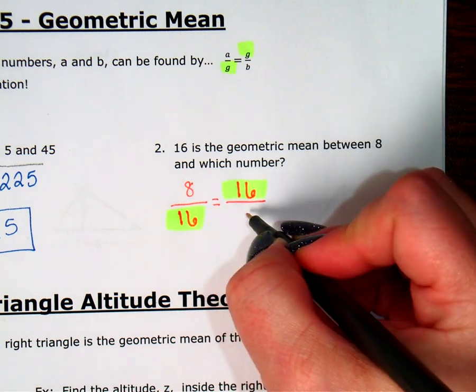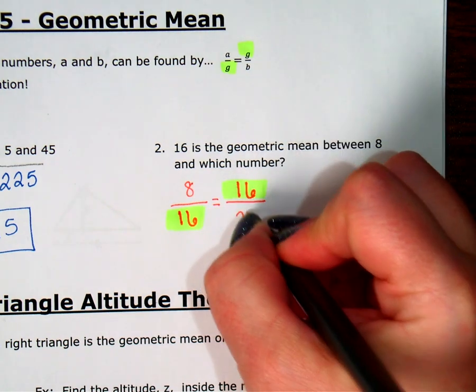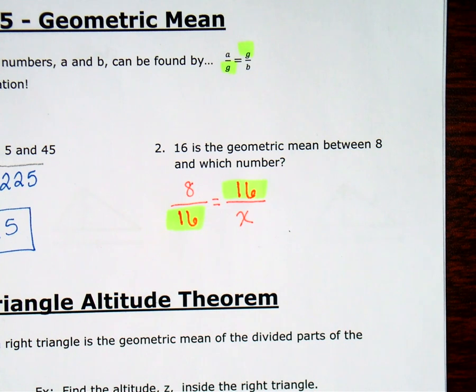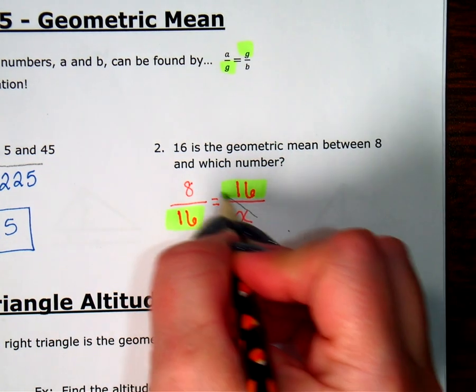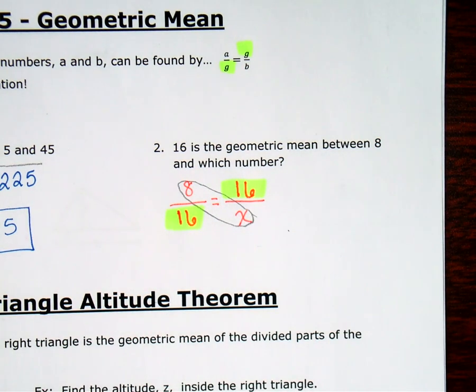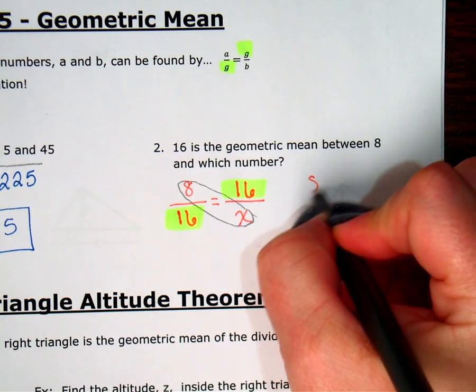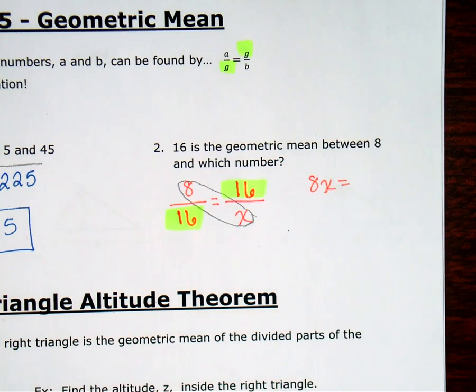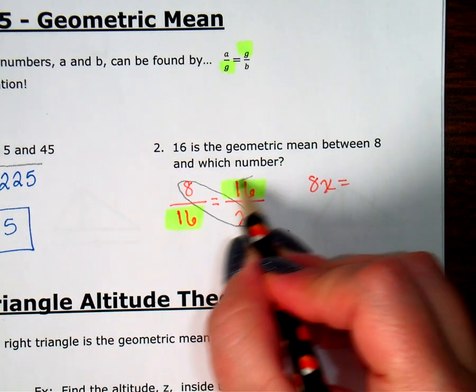And again, I could have put the 8 here. Okay, I don't know what it is, I'm going to call it x. All right, so then I'm going to cross multiply, and I'm going to get 8 times x equals 16 times 16.